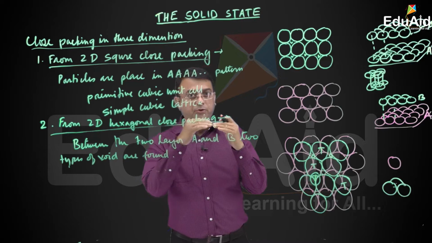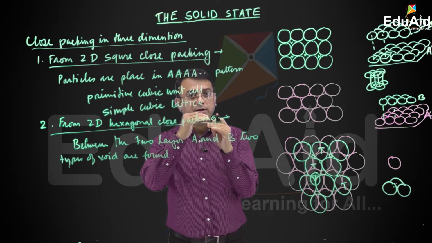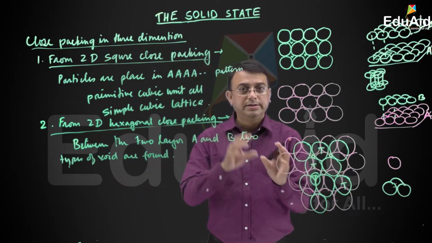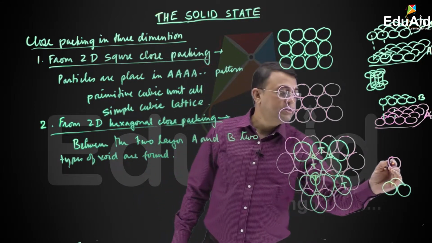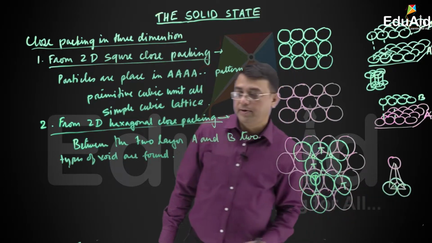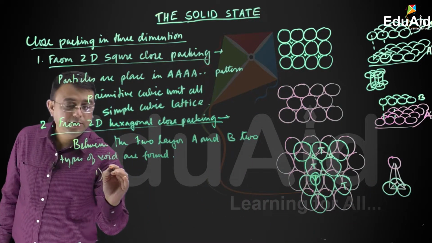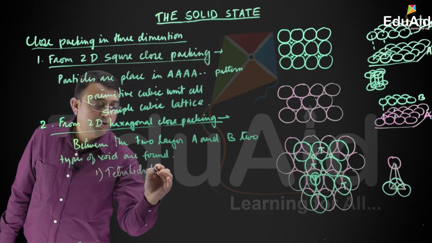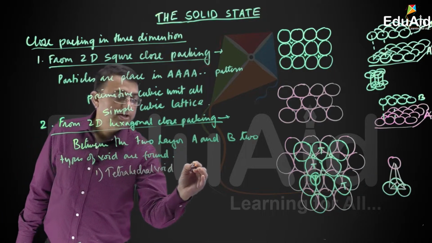That means a void in one layer which is covered by the second layer. Eta layer jodi void hoy, next layer to cover hoy. That is called the tetrahedral void. That first type of void is tetrahedral void.